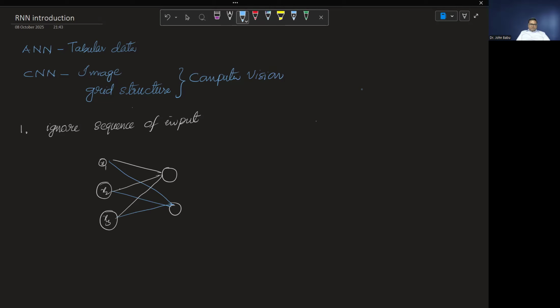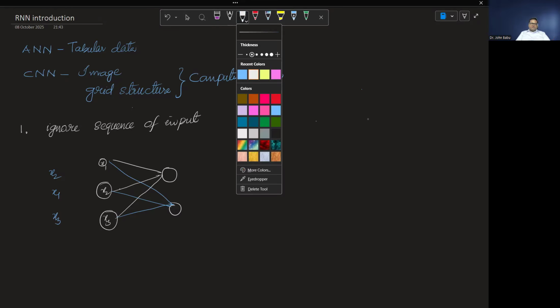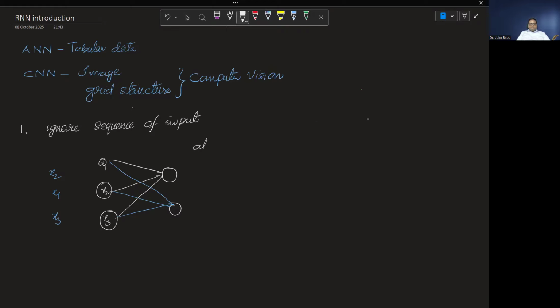Whether you take this in the order x1, x2, x3, or x2, x1, x3, or whatever order you take, it doesn't matter because we always feed all the data at once. So as a result, we cannot capture the sequence information.